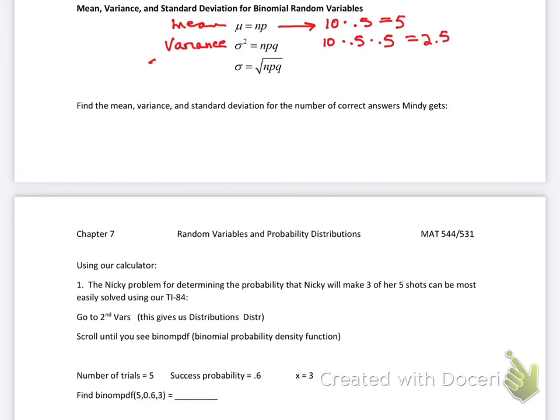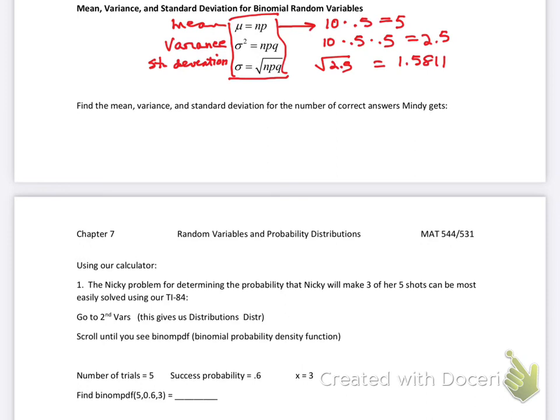Your standard deviation is just the square root of your variance. So take the square root of 2.5, and I am getting 1.5811. So we could calculate all of those. I will always give you these formulas, but you need to know how to use them to get these things.